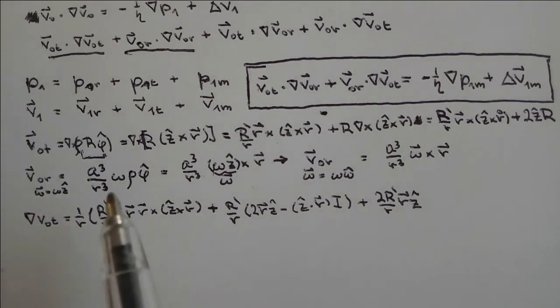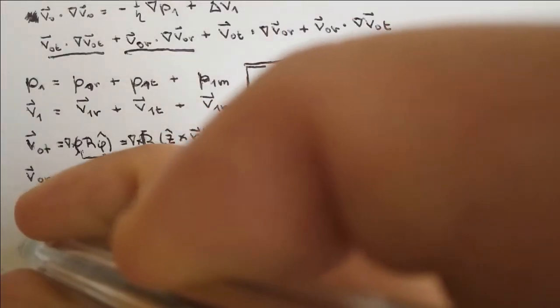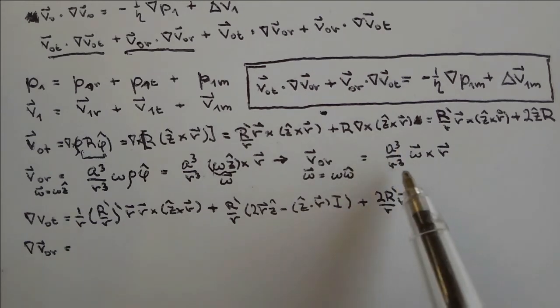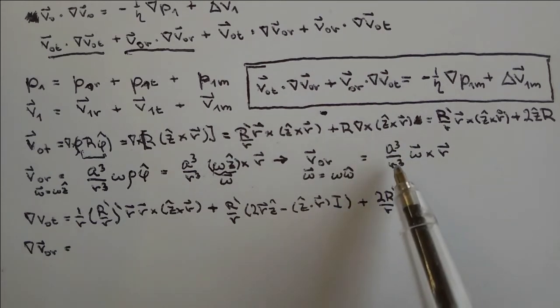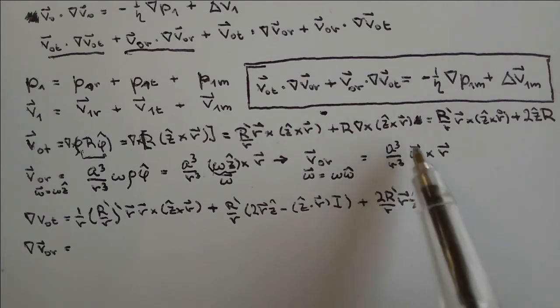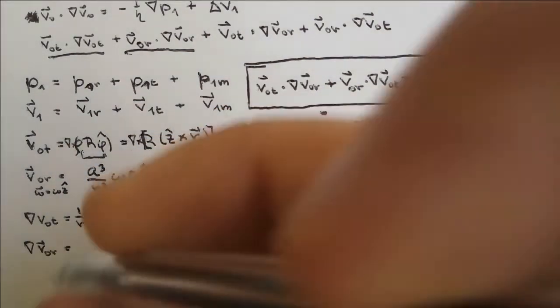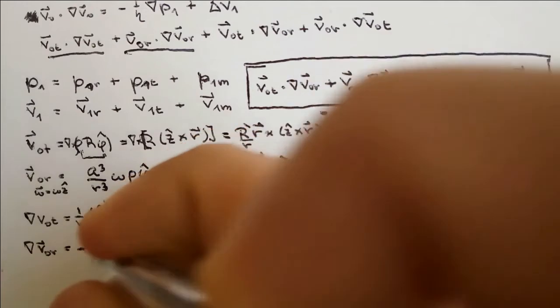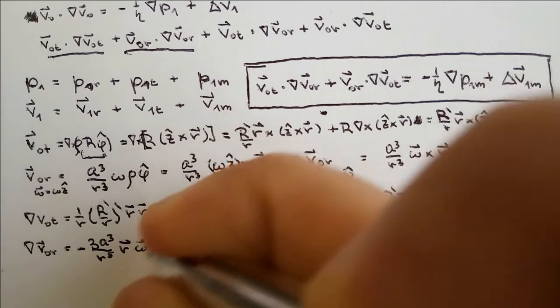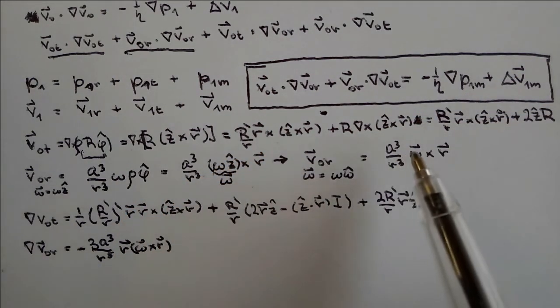For V0R, interestingly enough, you can compute the gradient of V0R very easily, because it's the gradient of this, which is the derivative, which is minus 3 over r to the 4th power, respectively to the 5th power, times r hat, r vector. So it's minus 3a cubed over r to the 5th power, r omega cross r, and the second term is from here.